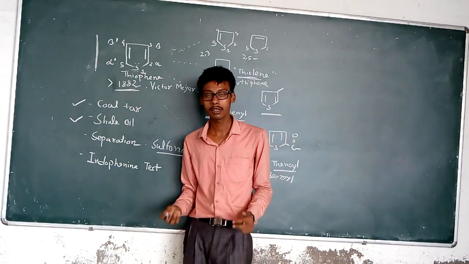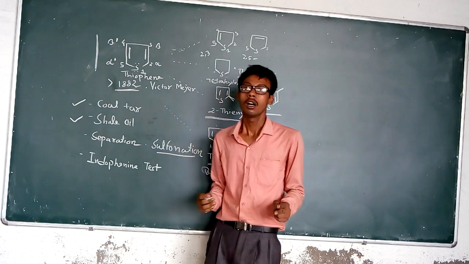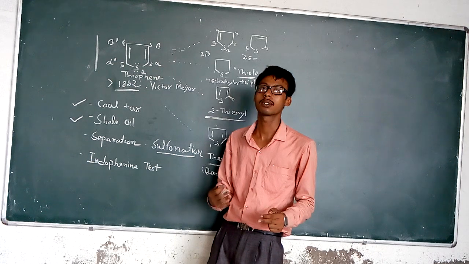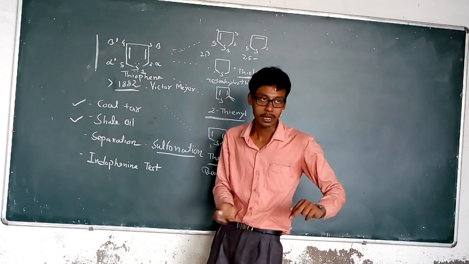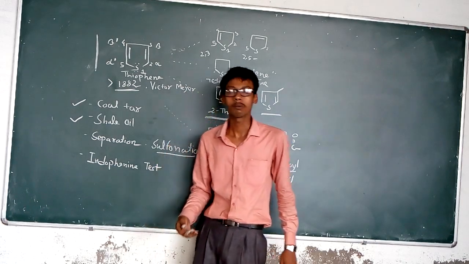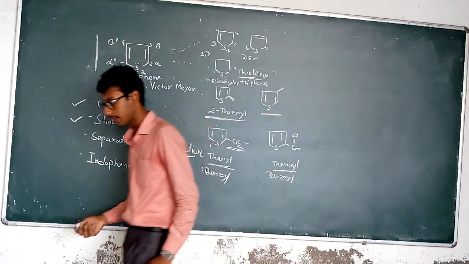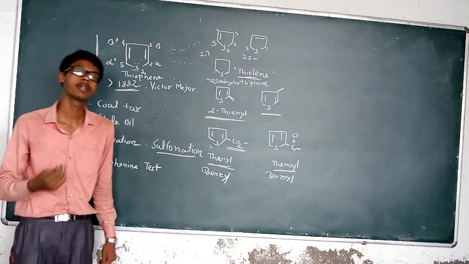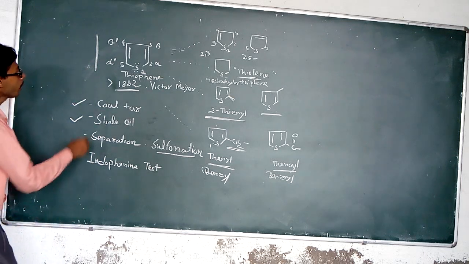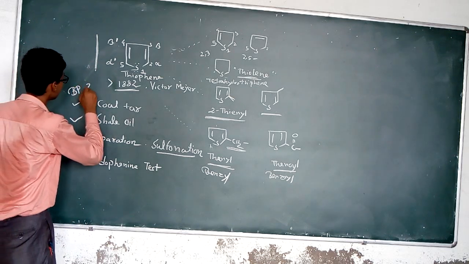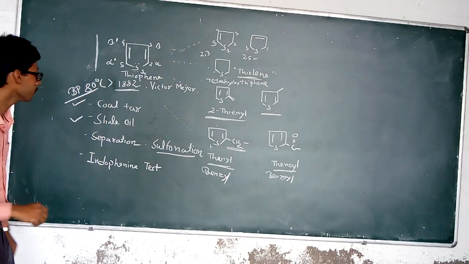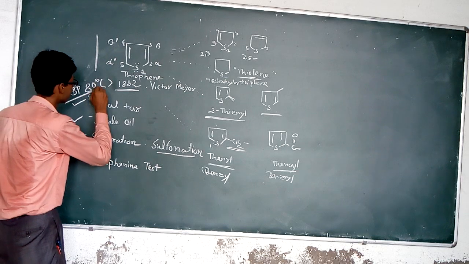Because benzene and thiophene are present together, normally a particular compound is isolated in pure form from coal tar by fractional distillation, and the main mechanism of fractional distillation involves heat. But thiophene has a boiling point of about 80 degrees Celsius and benzene has a boiling point of 84 degrees Celsius.